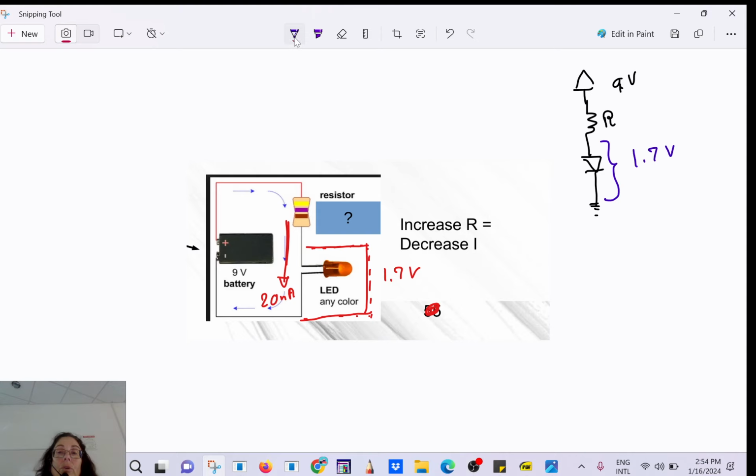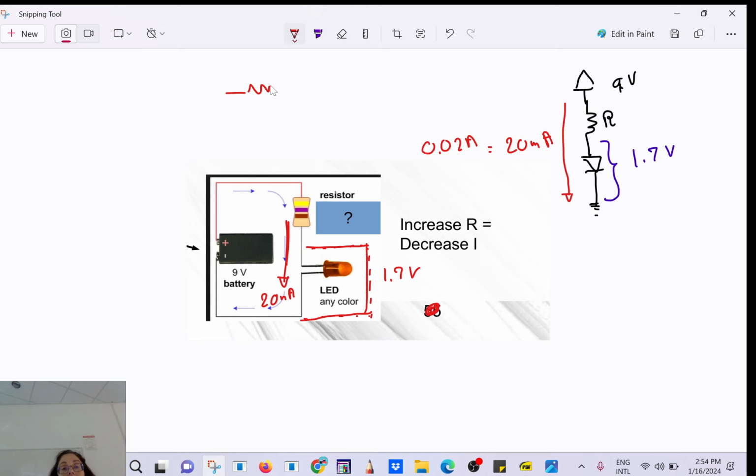And you know the current is 20 milliamps because that's the maximum current. 20 milliamps divided by 1,000 is 0.02 amps. So now my question is find R. Can you help each other, talk to each other?